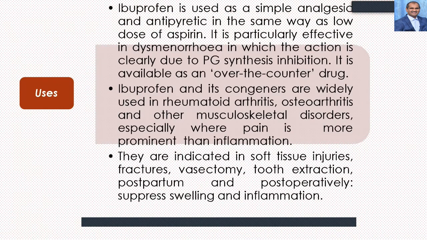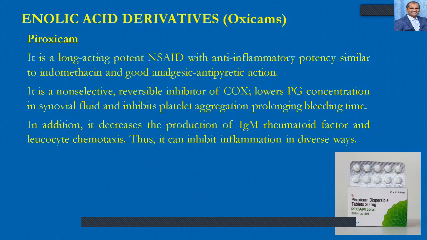And the clinical use of these drugs: ibuprofen is used as a simple analgesic and antipyretic in the same way as low dose aspirin. So it is very specifically effective in dysmenorrhea, and the action is clearly due to the PG synthesis inhibition.